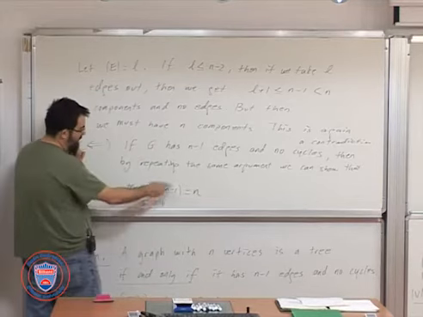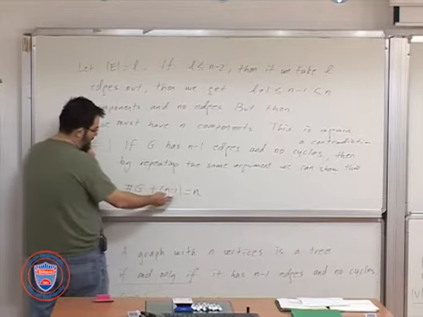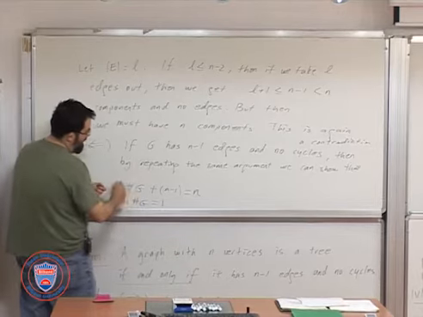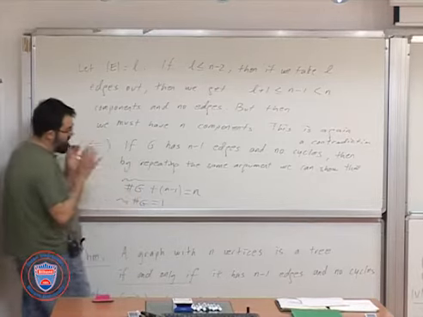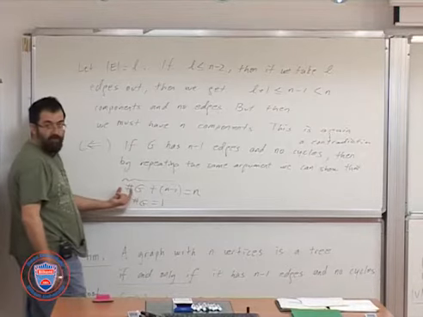So anytime you take an edge out, you add 1 to the number of components. So when you have n minus 1 edges, you take them one by one. And then at the end, when you take all the edges out, this will be the number of components. But you'll have no edges left.